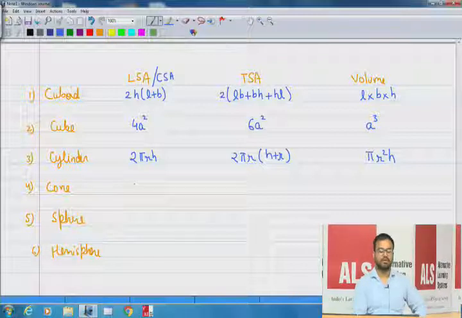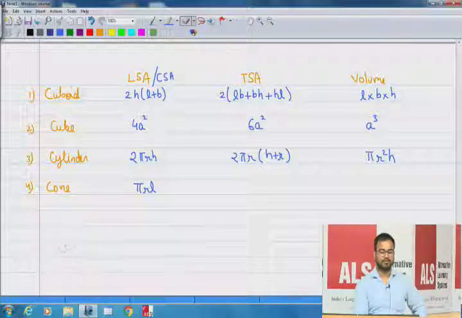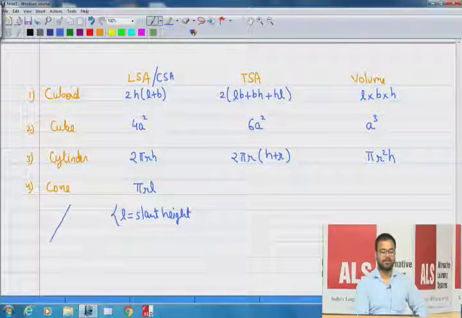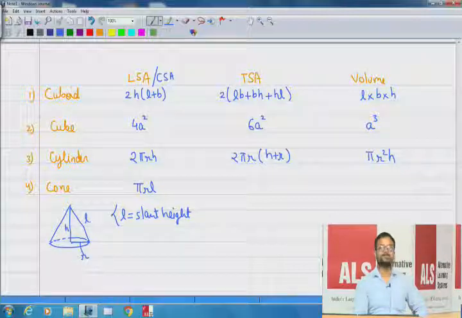For cone, the curved surface area is pi R L, where L is the slant height. If this is the cone, this is the radius, this is the height, and this L is the slant height.